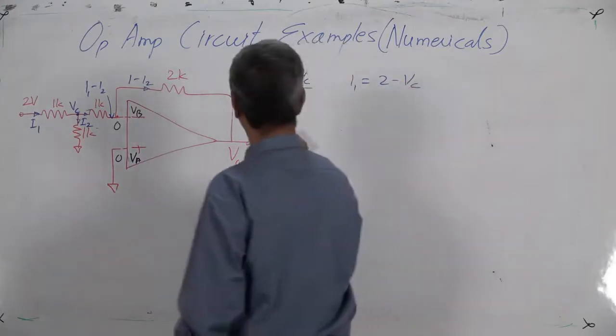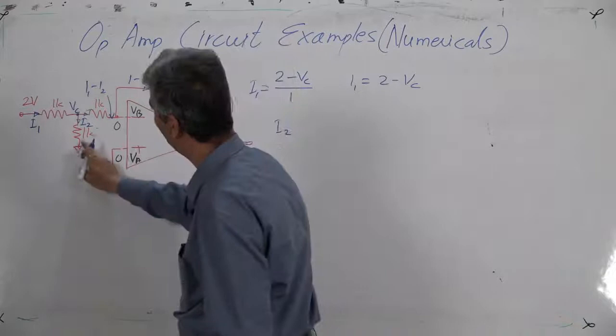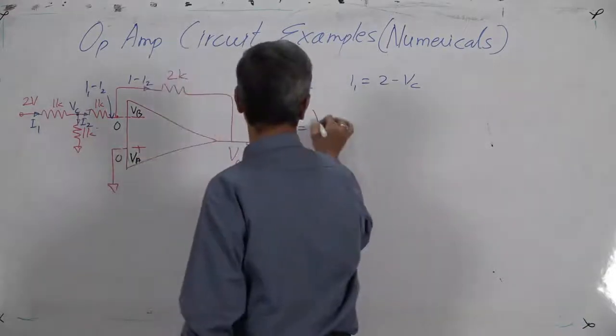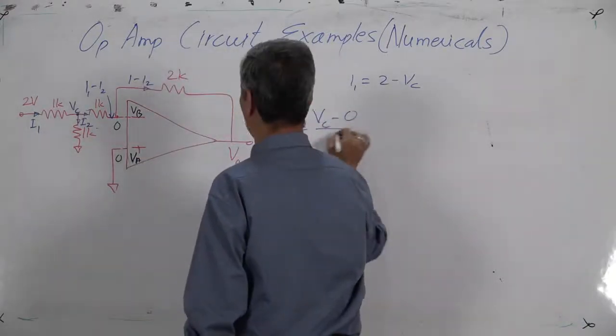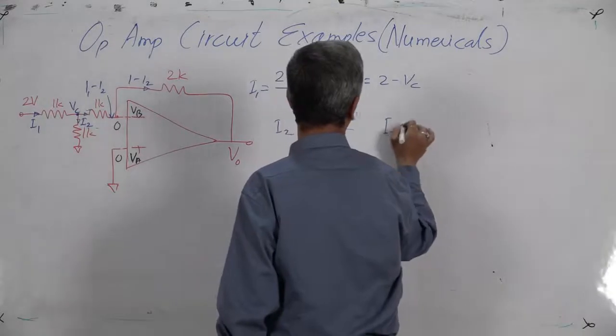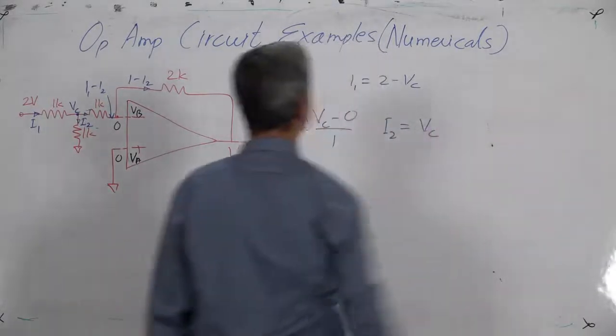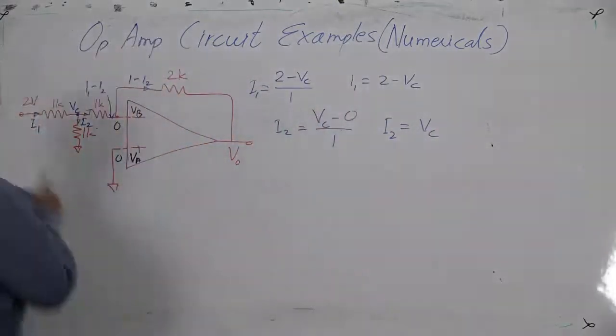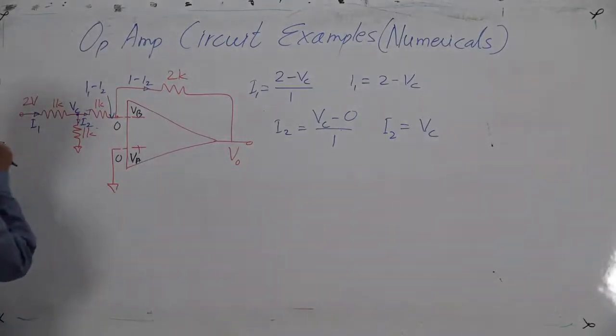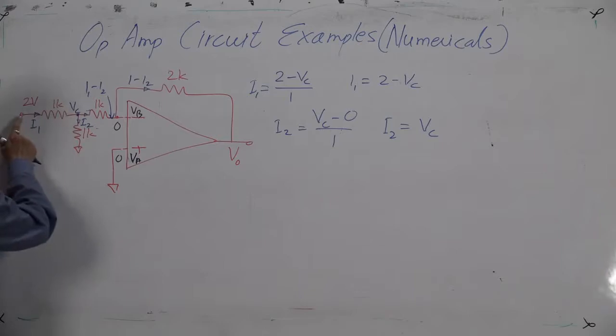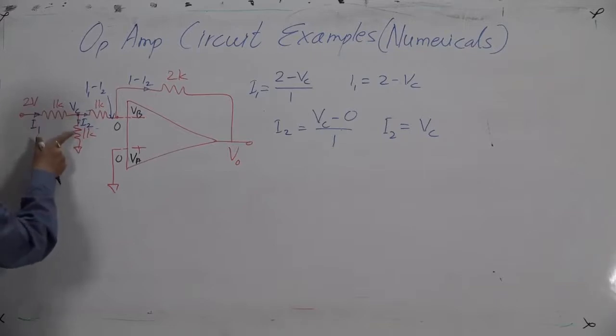What is I2? Vc minus 0 upon 1. So I2 is Vc. I think there is no need of any kind of confusion because of this T. 2 minus Vc upon 1 is I1. Vc upon 1 is I2.